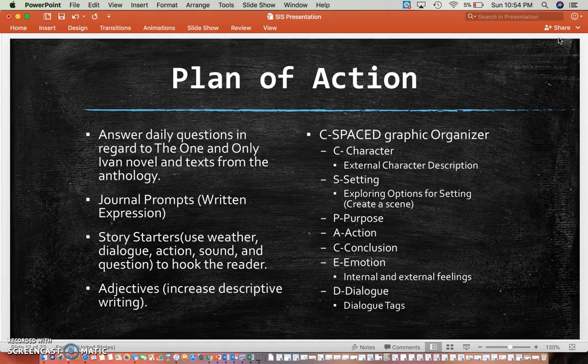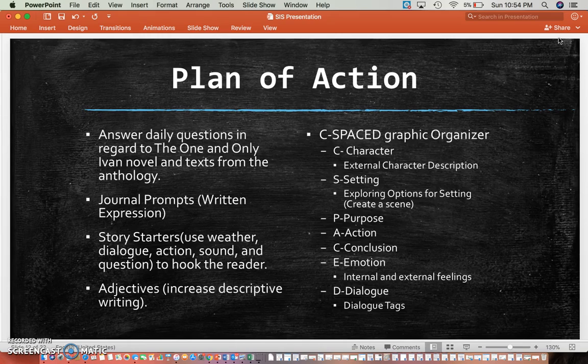My plan of action, this is basically showing you what steps I took to implement these strategies. Each day the students were to answer daily questions, specifically in regard to The One and Only Ivan novel and text from the anthology. I gave the students during their journal rotation a journal prompt, and this was to help increase that written expression.